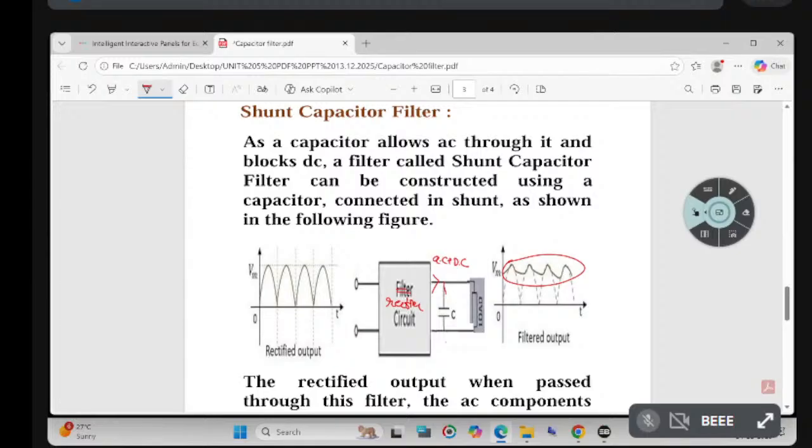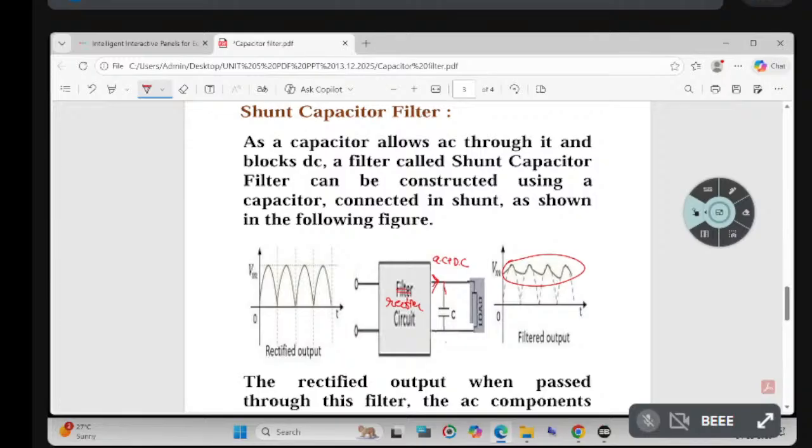Inductor always connected in series. Capacitor always connected in parallel. So the capacitor is always connected in parallel to the load. See, this is AC plus DC component. This waveform is flowing. This is the waveform AC plus DC.